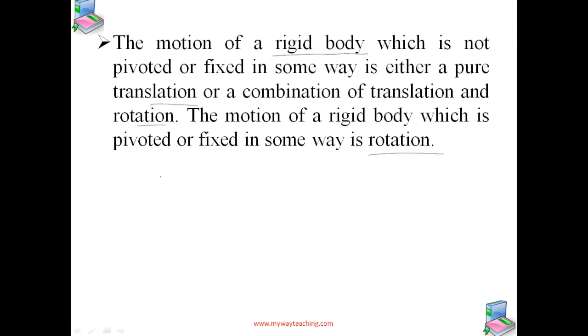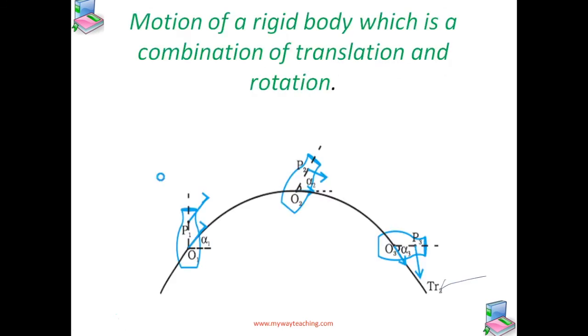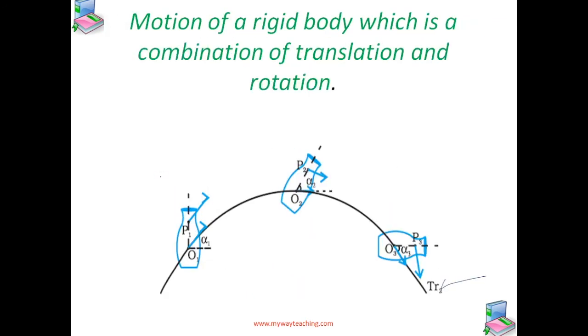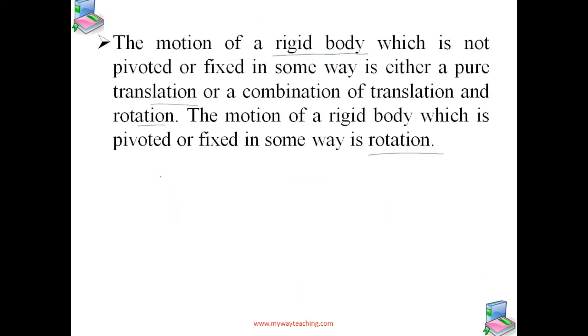The ceiling fan was where that axis was fixed, and in the other one, we took the example of an oscillating table fan. Here it is a combination of both translation and rotation. In other cases where the motion of a rigid body is pivoted or fixed to some particular point or way, then we call that rotation.